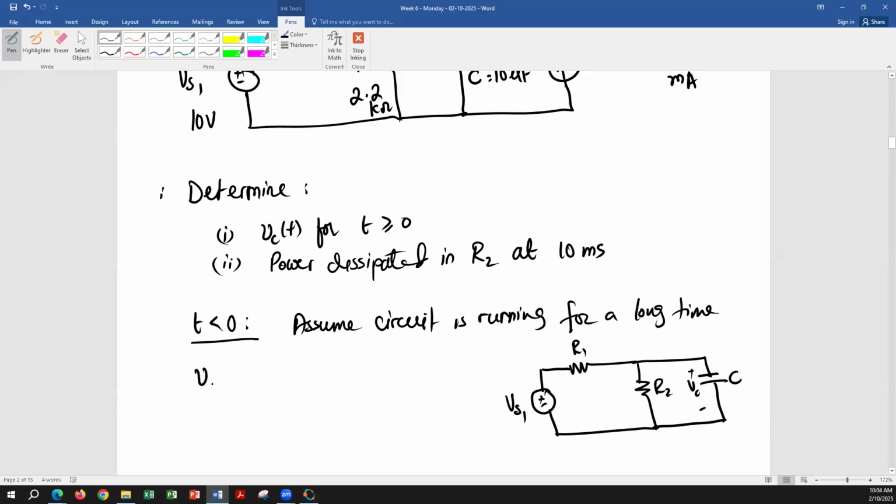All right. So VC0 negative just before the change is happening, which will be equal to VC0 positive, which we call the initial voltage across the capacitor, is going to be equal to what? What voltage is going to appear across the capacitor in the circuit?